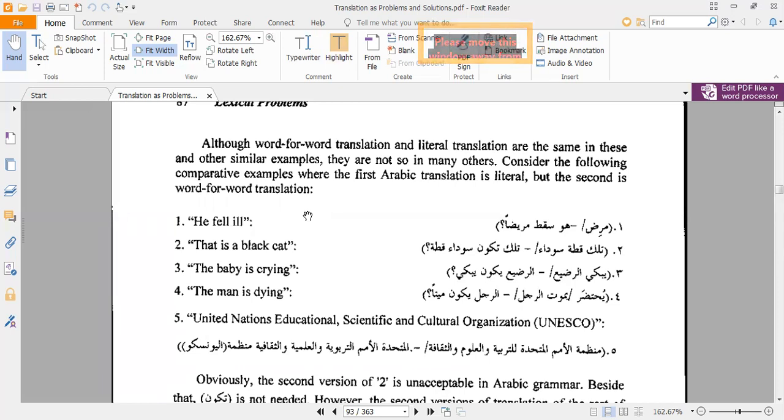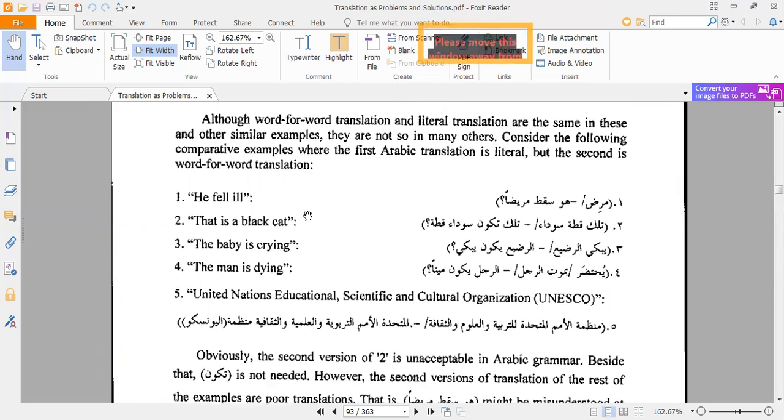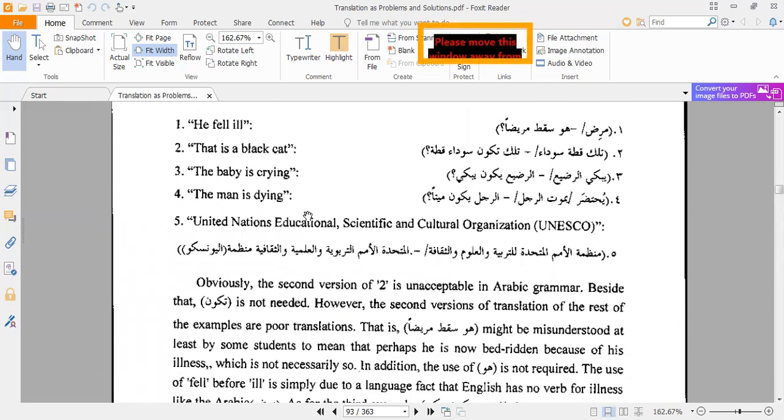Okay, so this ungrammatical use does not reflect a good translated version.